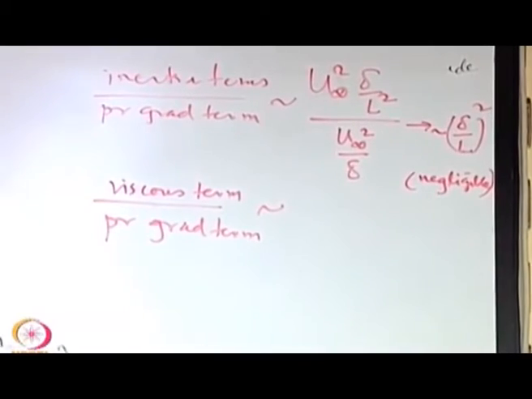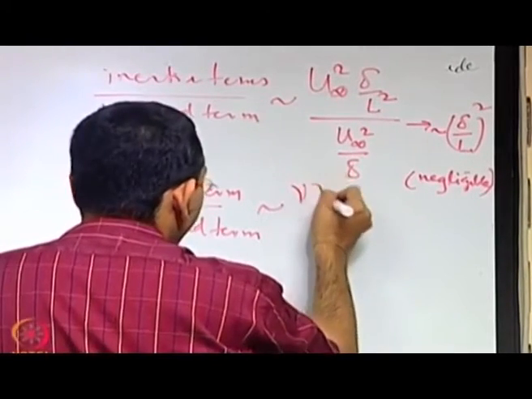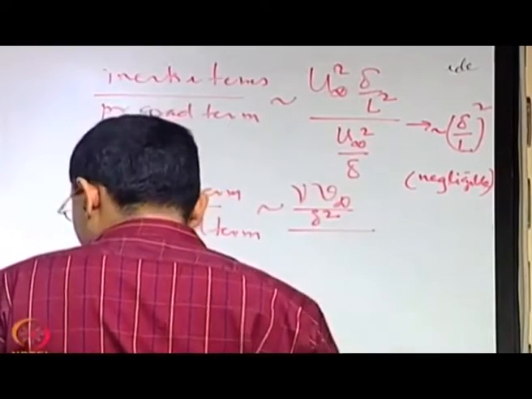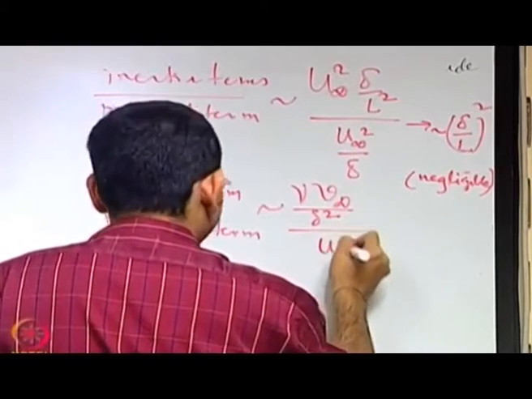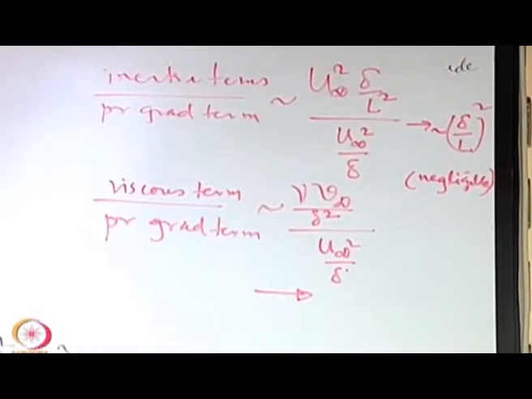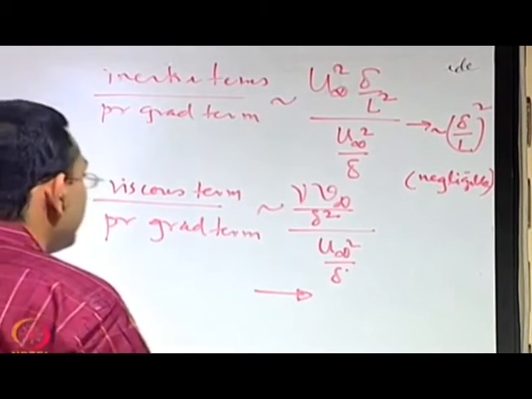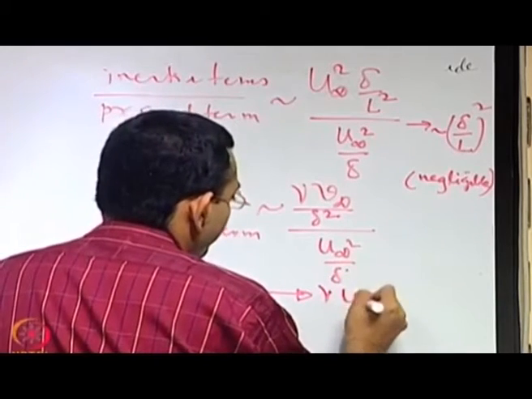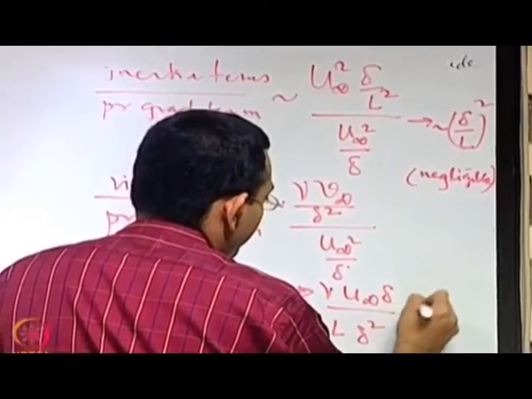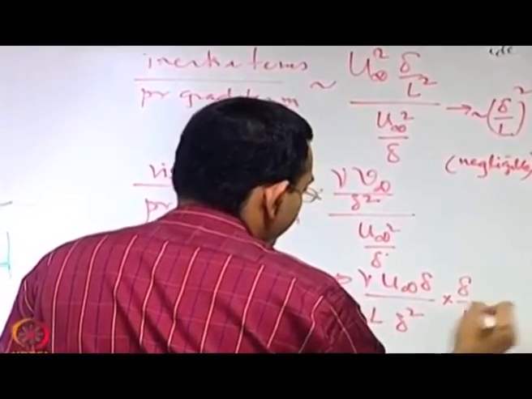So that is nu into V infinity by delta square divided by u infinity square by delta. So what is this? In place of V infinity we will write u infinity into delta by L. So nu u infinity delta by L delta square into delta by u infinity square.